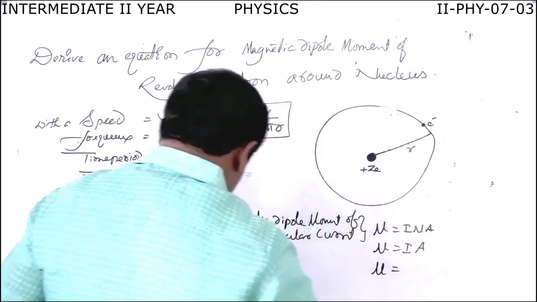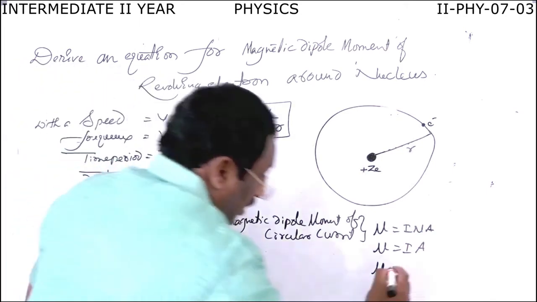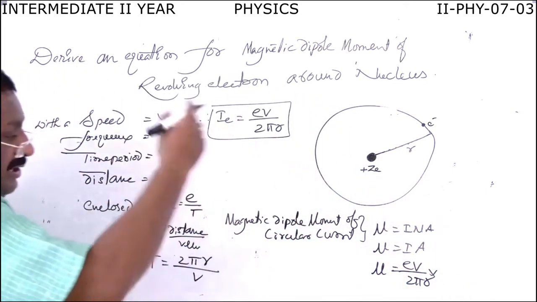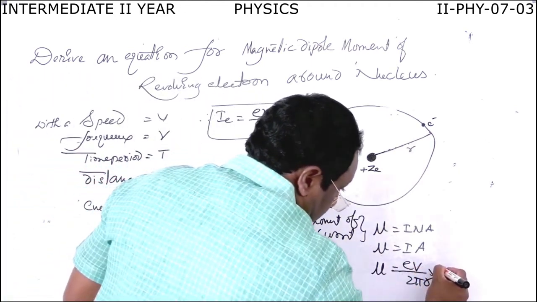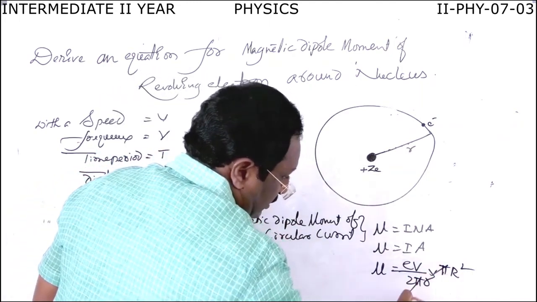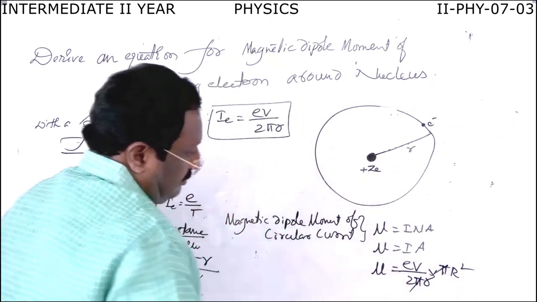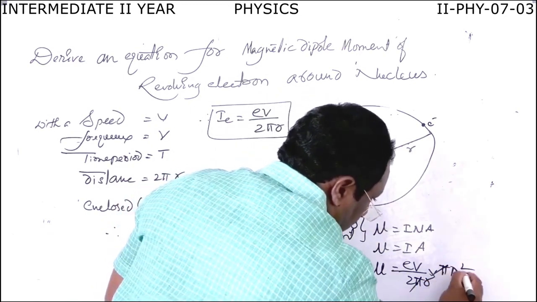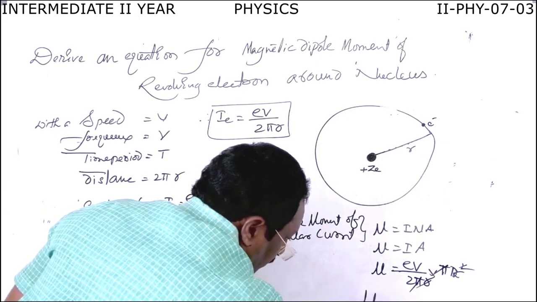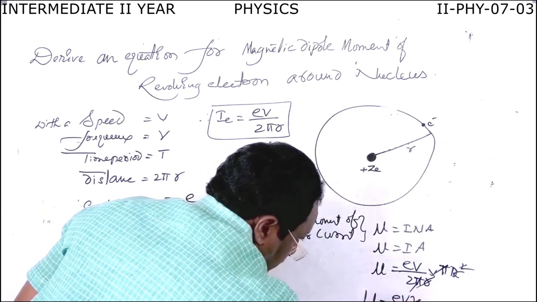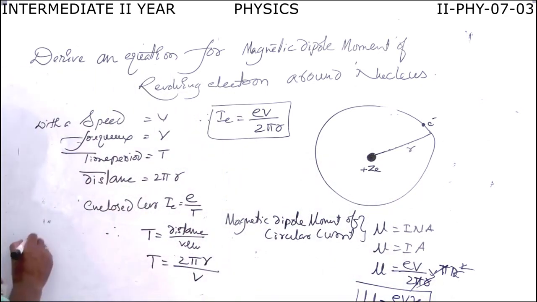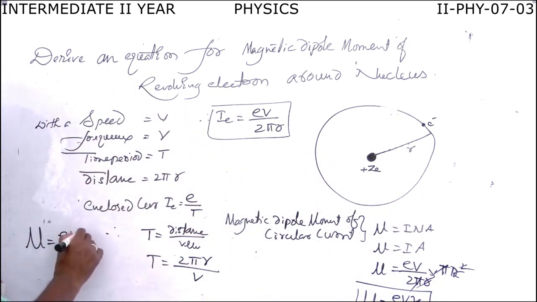Mu is equal to, I is equal to how much? ev by 2 pi r. But the area is pi r square. Now pi cancels, and one r cancels, so we have evr by 2. The magnetic dipole moment of the electron is evr by 2.